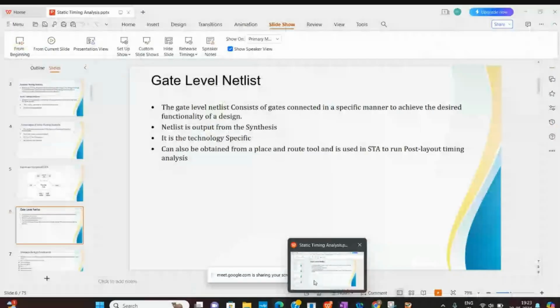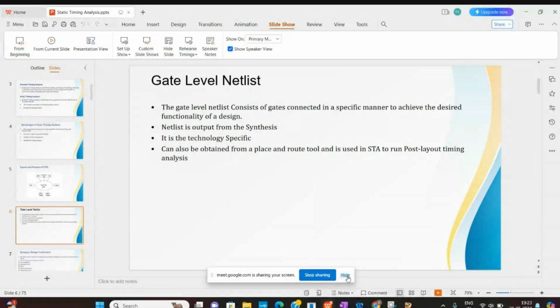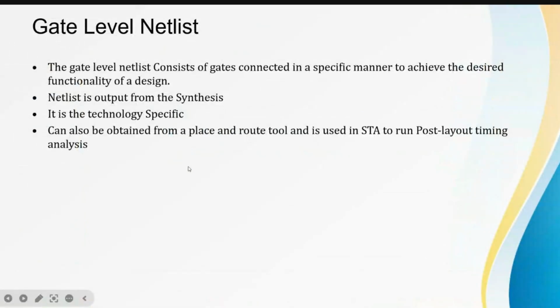Whatever you have in the design will be given in the gate level netlist. It will give all the things.